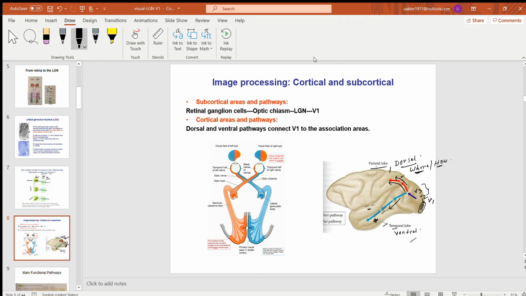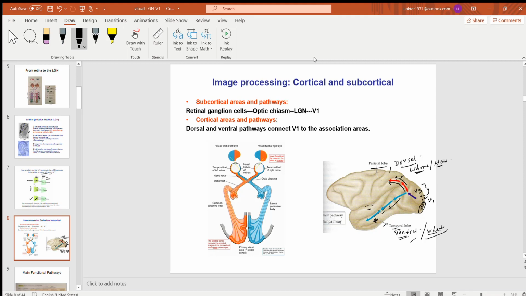However, the inferior temporal pathway or ventral pathway is also known as the what pathway. It helps you to determine the object. What is that? Is it an apple or orange or banana? So what is processed in the ventral or inferior temporal pathway. We'll talk more about this.